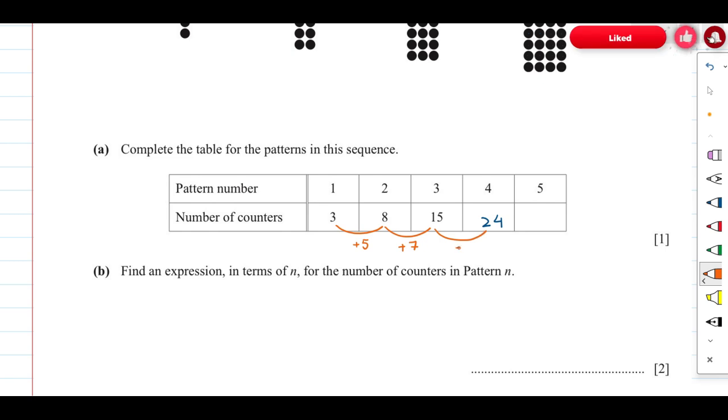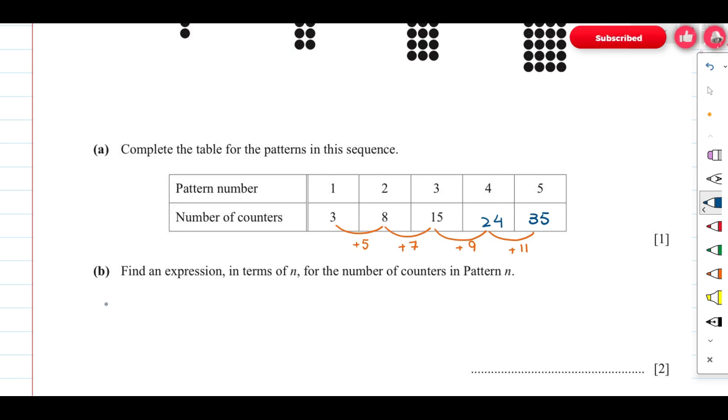In 15 adding 9, you will get 24. 5, 7, 9, it means you have to add 11. You have to add 11 in 24 to get the next pattern. So in 24, when you add 10, it's 34, and plus 1 means 35. So 35 is that number, right?